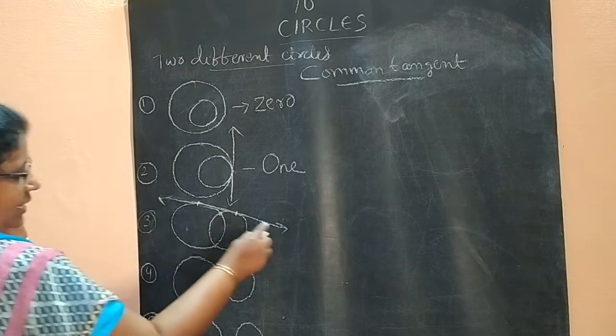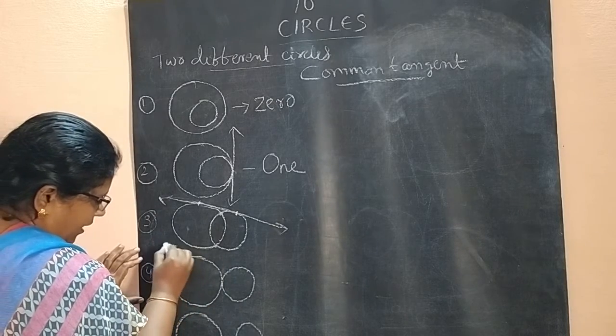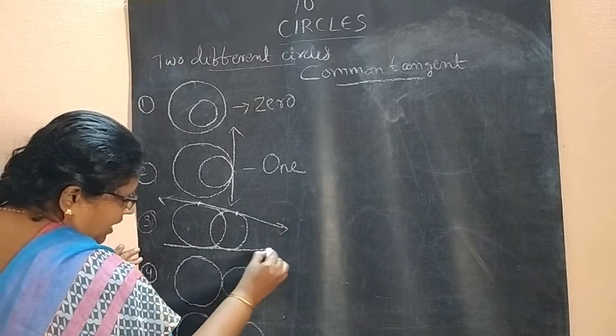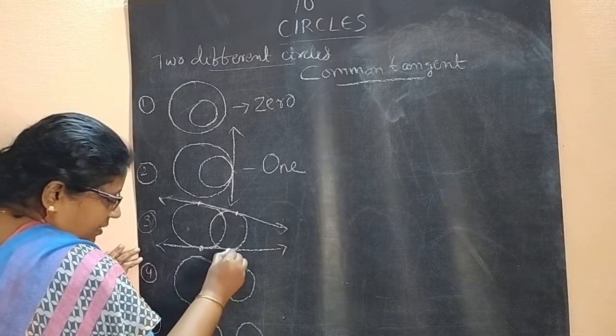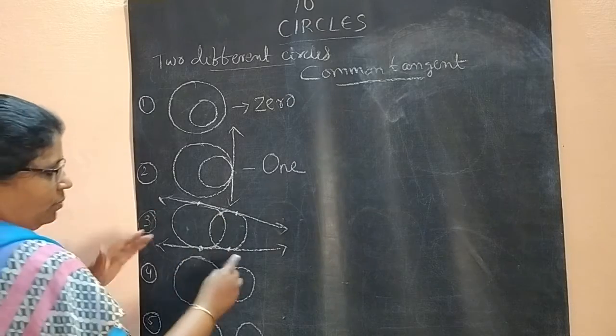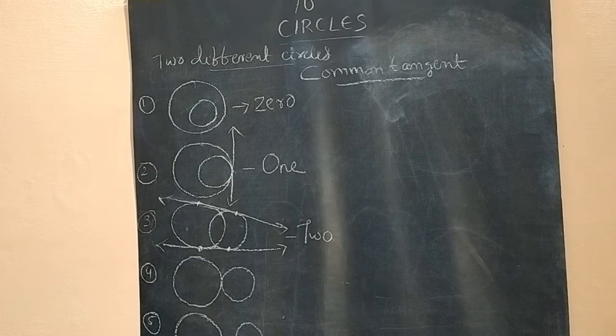So this particular tangent is common for both. In the same way, I can draw a tangent here like this. It is touching here, touching here. So how many tangents did we get? 2 common tangents.